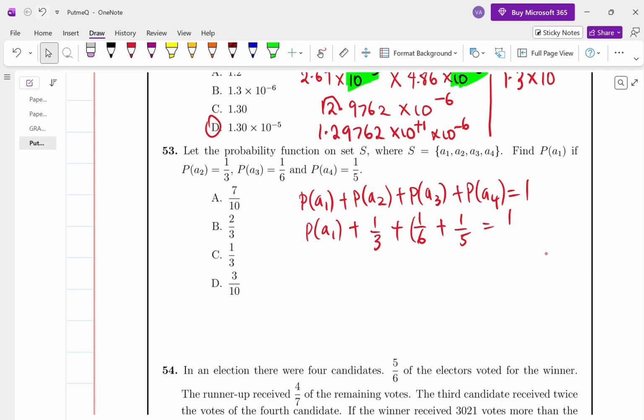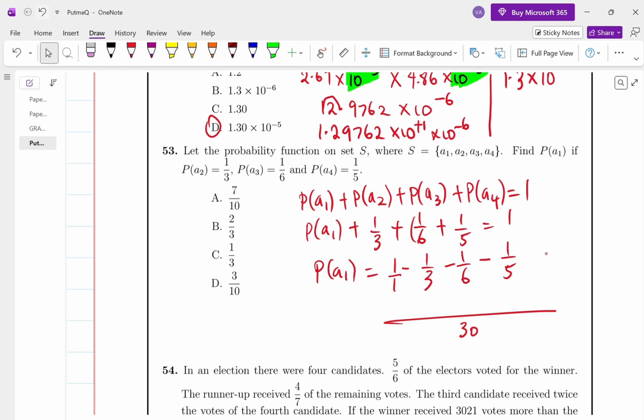So this will be probability of A1 equals. Now move every other thing to the other side. So this is 1 minus 1 over 3 minus 1 over 6 minus 1 over 5. Now the LCM of 3, 6, and 5 is 30. This 1 here can be written as 1 over 1.